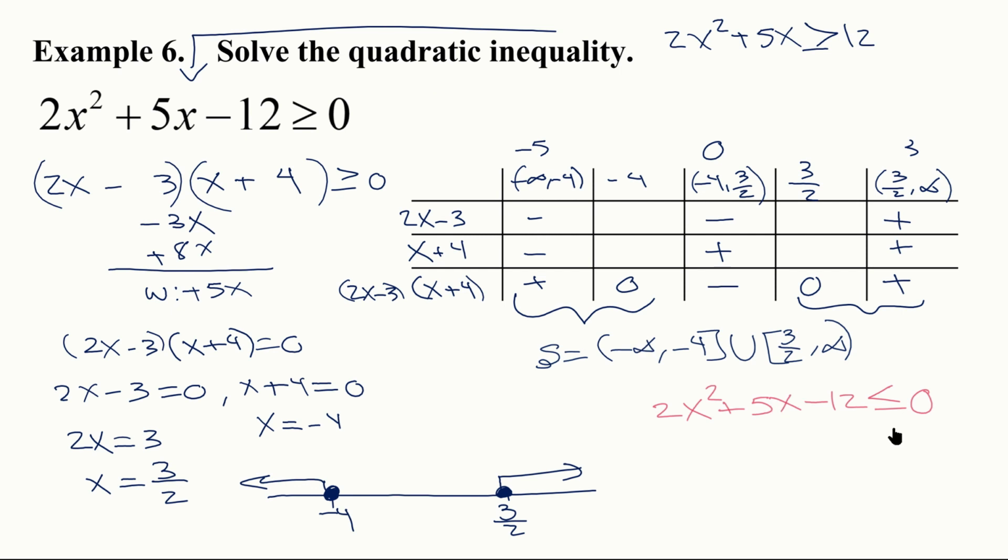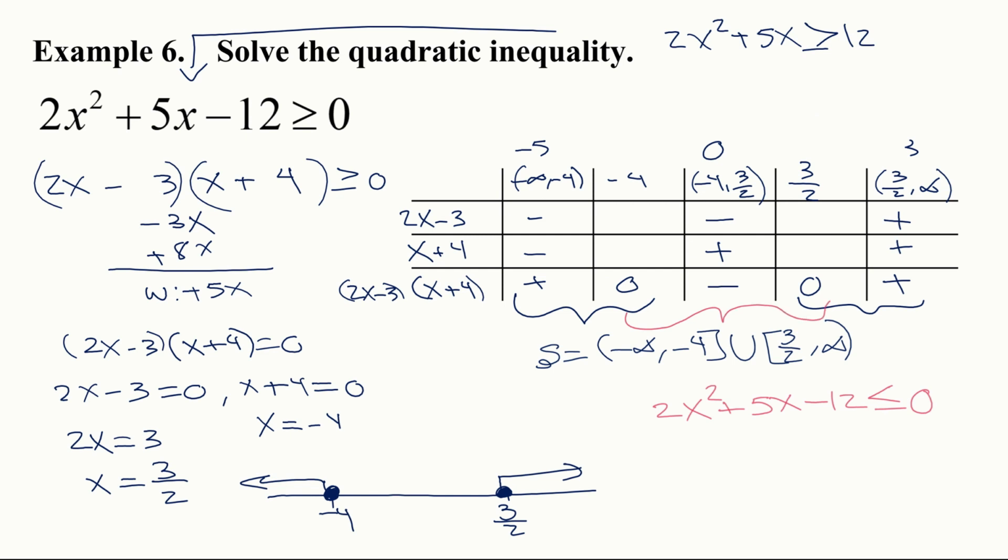Okay, notice here we're looking for the places where this expression, which is the same as this product, which we have here, is either negative or 0. So the region of interest is going to change, right? Here are the zeros, and that's where it's negative. So it's going to be this region.